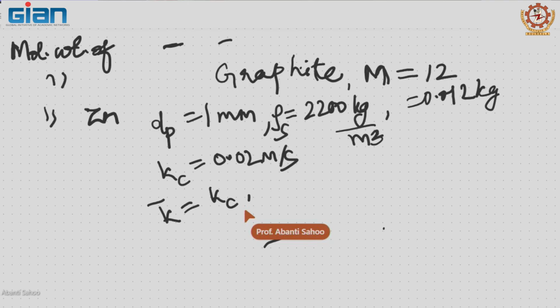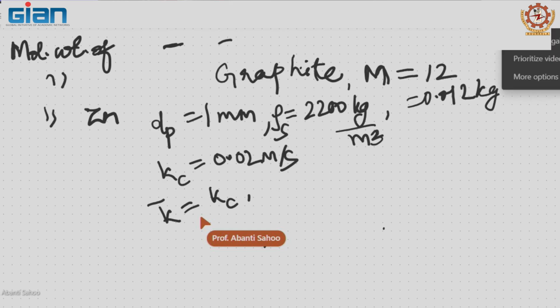So with that we have to find out time required to burn the entire graphite particles completely. So here we can calculate rho b, because k bar is not required to calculate. Only thing that here tau is to be calculated using rho b.